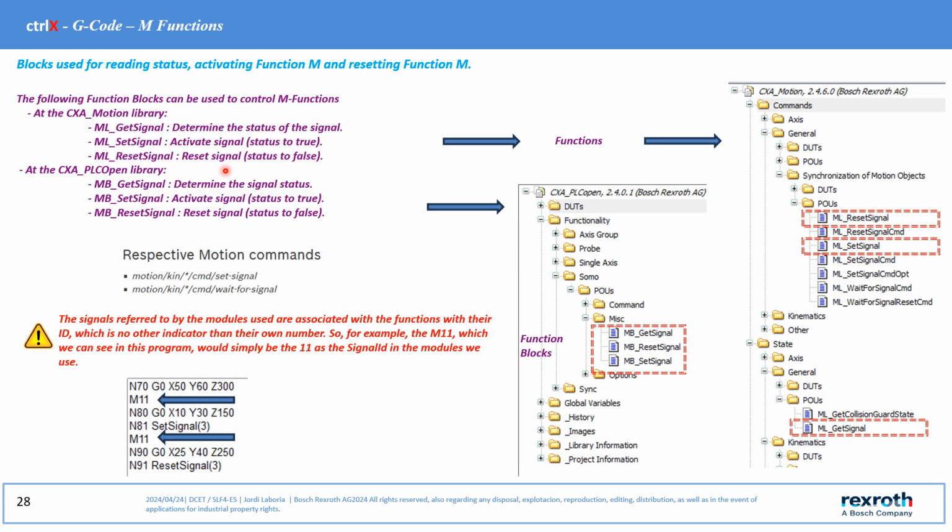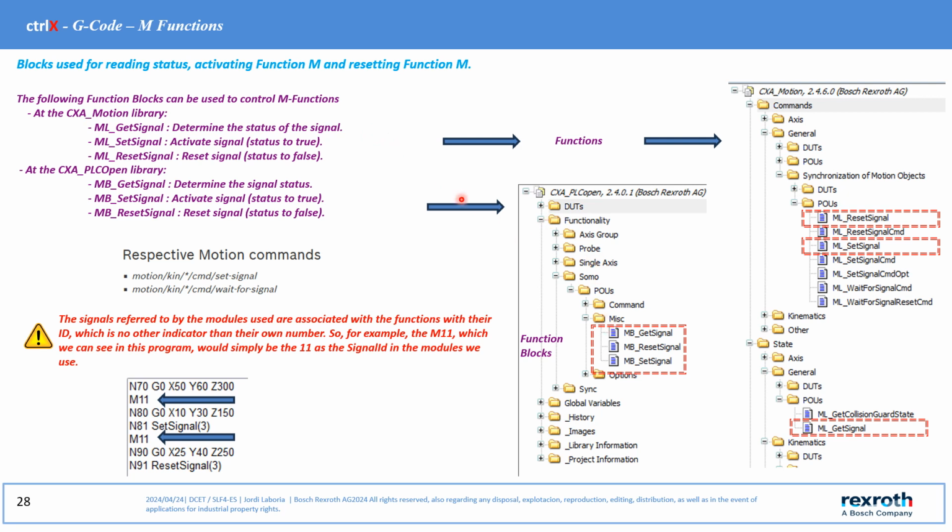The modules used for the status control of the M function, activation and reset functions are as follows and available in two libraries. The first is the CXA Motion that uses function modules and is located in these two folders.